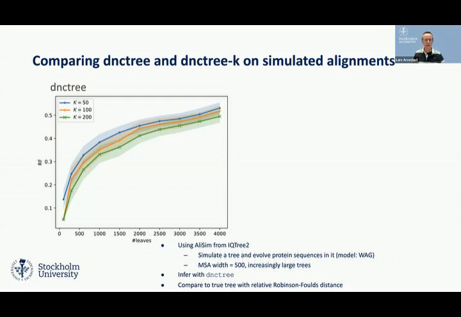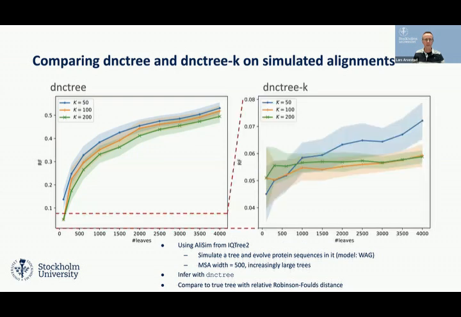And then if we do the same with DNC3K, which is the more evolved one, where the base case size and the size of the core tree are the same, equaling K, I found that the behavior was so much better. It's amazing.